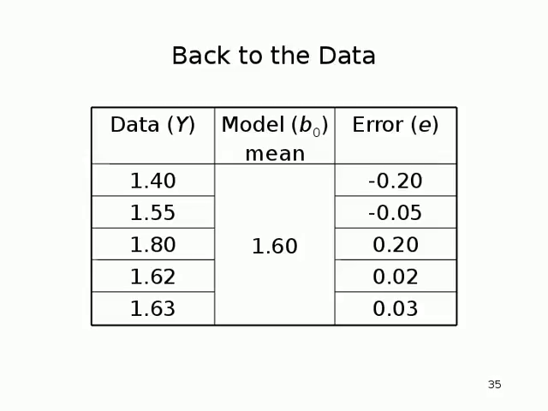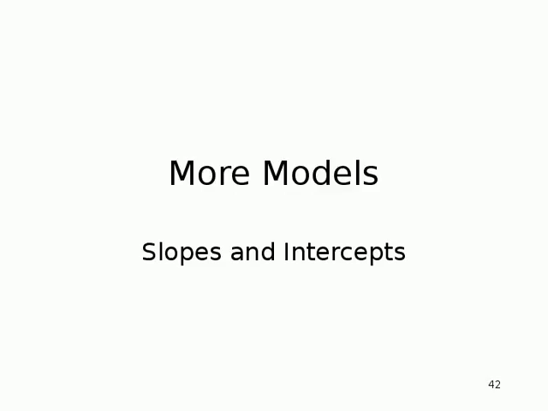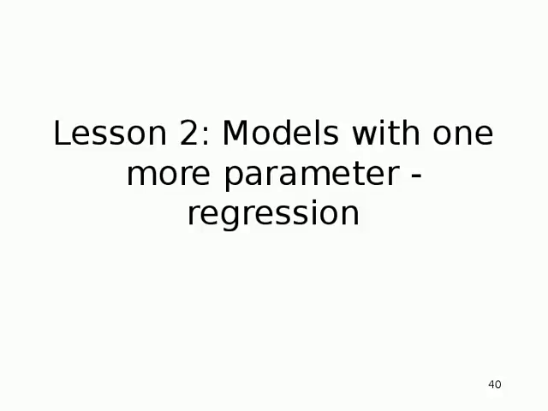And we found by the least squares procedure that the model was 1.6, right? And these were all the errors. And when I minimize these errors, I get the model. And this was the best linear unbiased estimator, right? That's what we found. We talked about degrees of freedom and parsimony. And now you want to get on to models with an additional term, and it's beta, or beta 1.